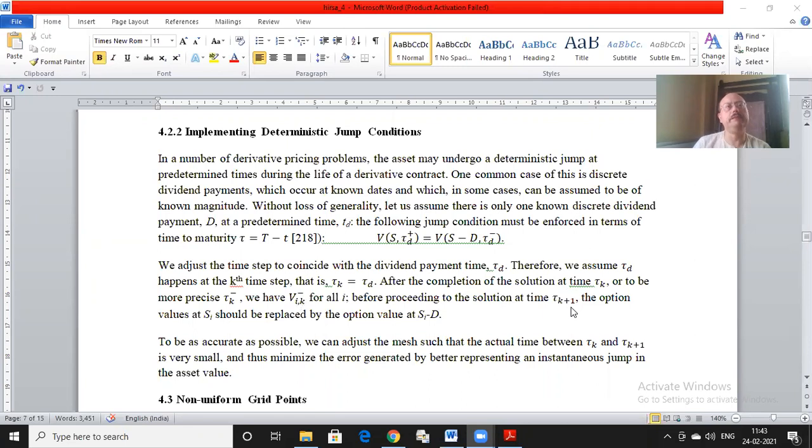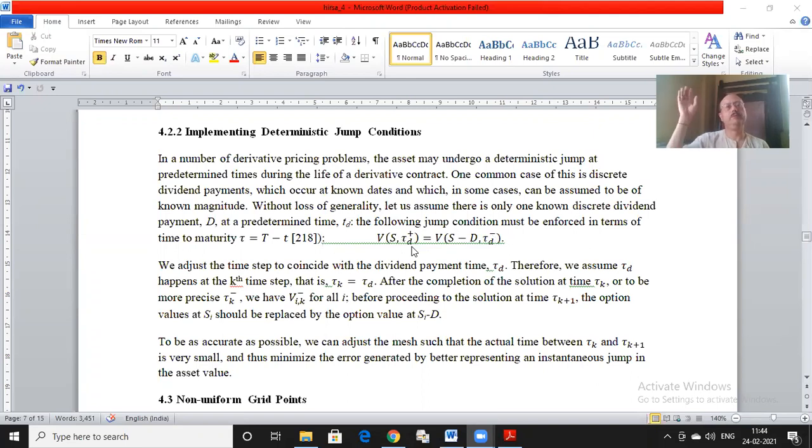And in the pre-dividend time, the stock price will have to be adjusted by D. So the option values will also be changed, because this equation here will translate into the discrete approximation. Okay, is it clear now?